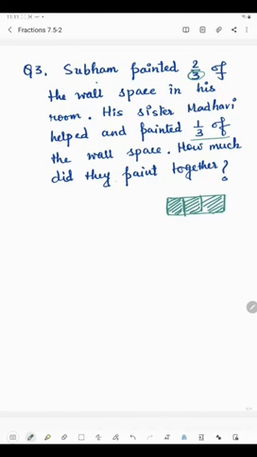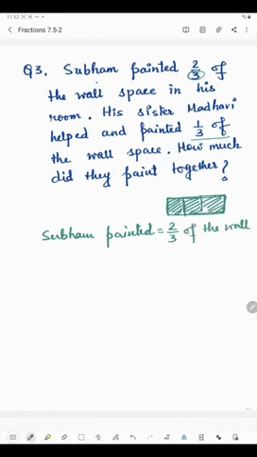So from the figure only we came to know that this wall is fully painted, right? So how will you do the sum? Shubham painted 2 by 3 of the wall and Madhavi painted 1 by 3 of the wall.